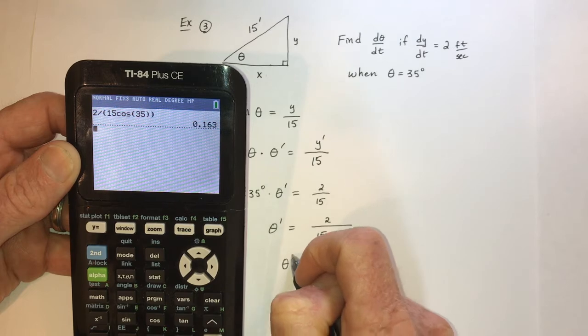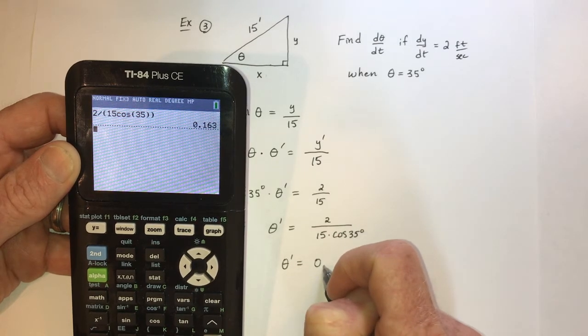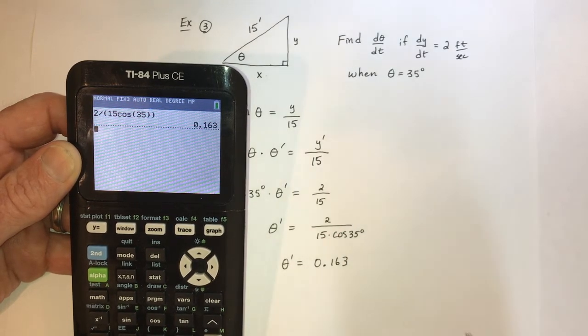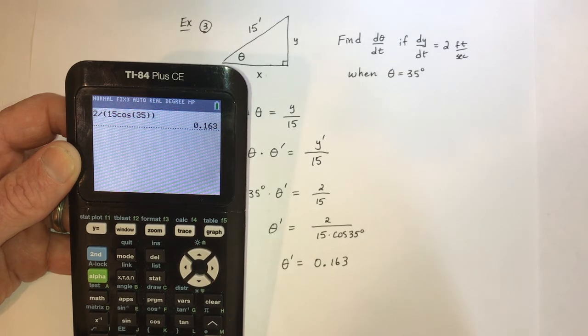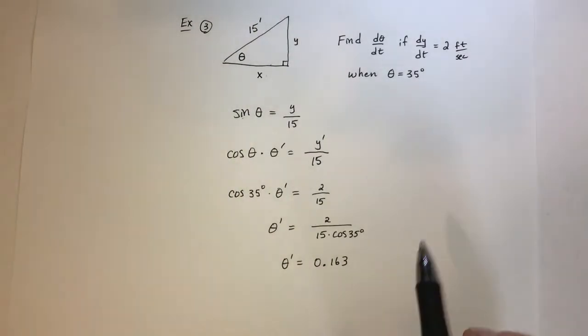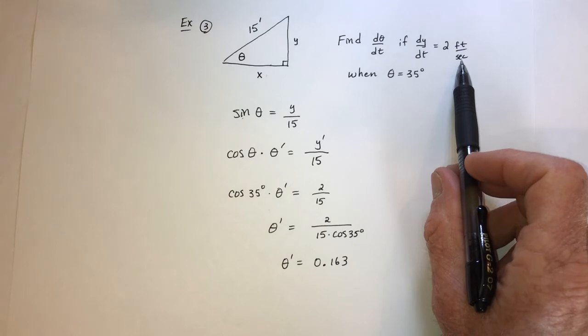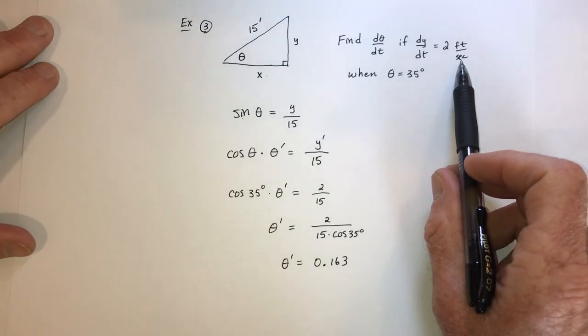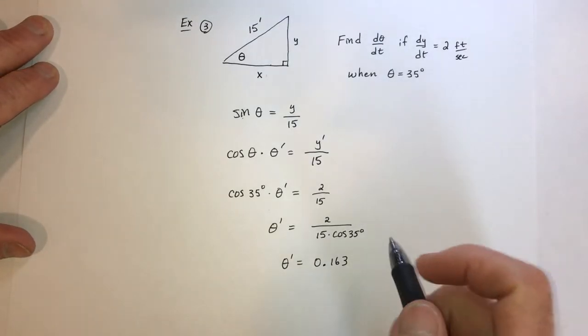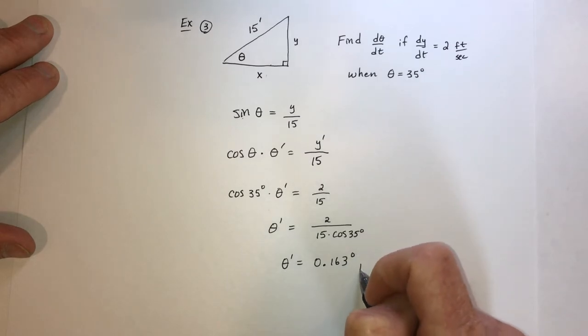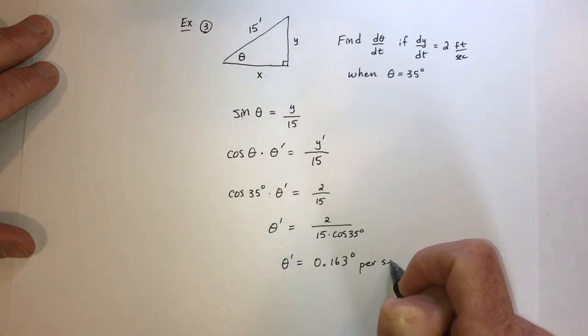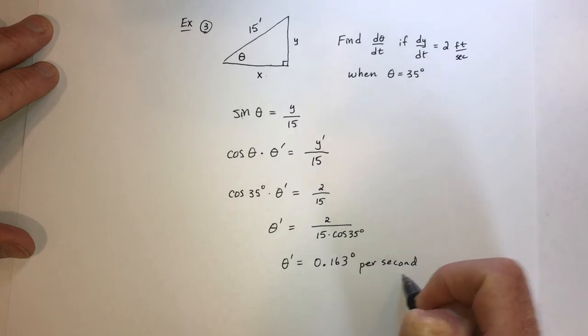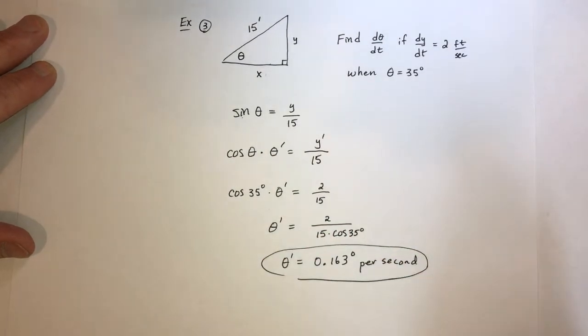So the theta is changing at 0.163. Then what are the units? Well, this was in feet per second, so it's going to be per second. And this is degrees, so that means it's degrees per second. And there's number 3.